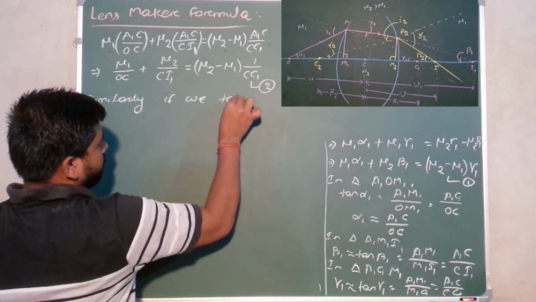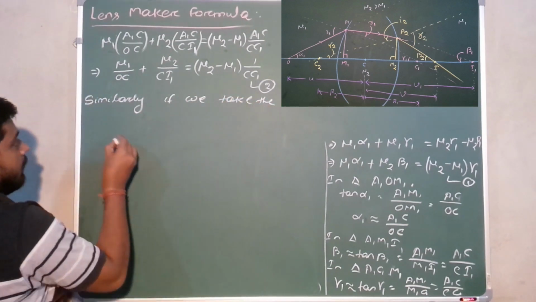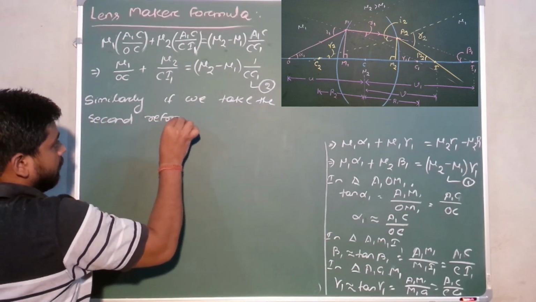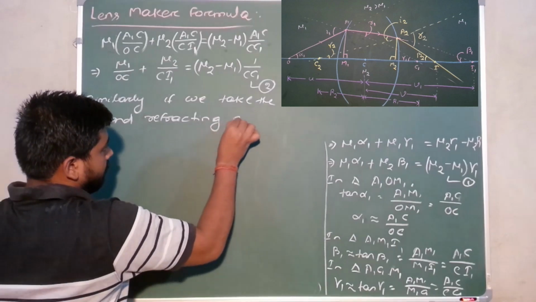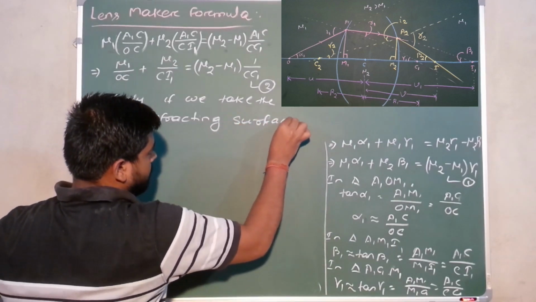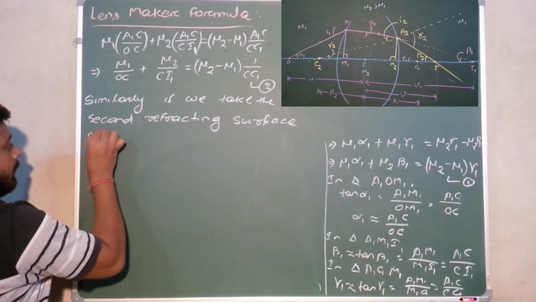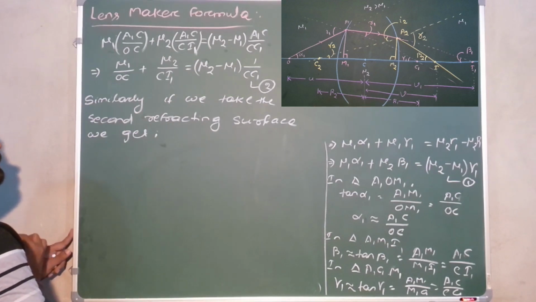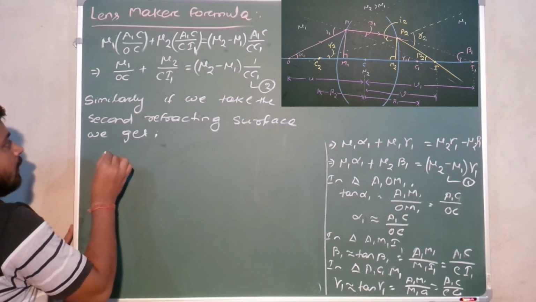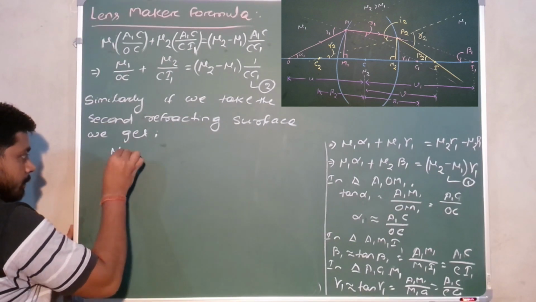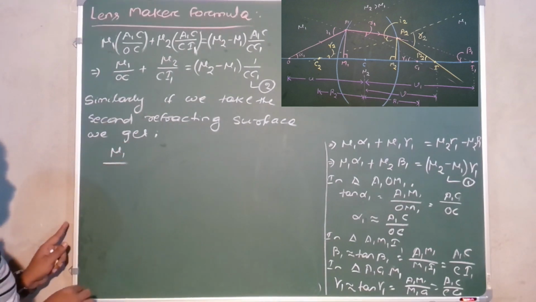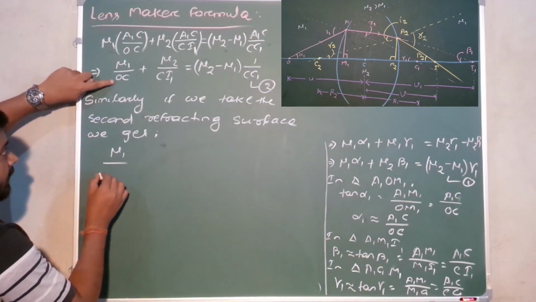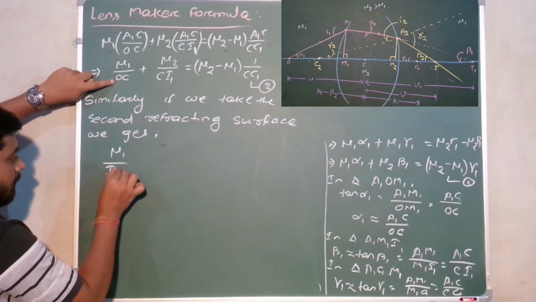Okay. Now, similarly, if we take the second refracting surface, what do you get? Here you get mu1 by, just see how I write this, in place of O I have to write I. Here this is the object and this is the image, IC.